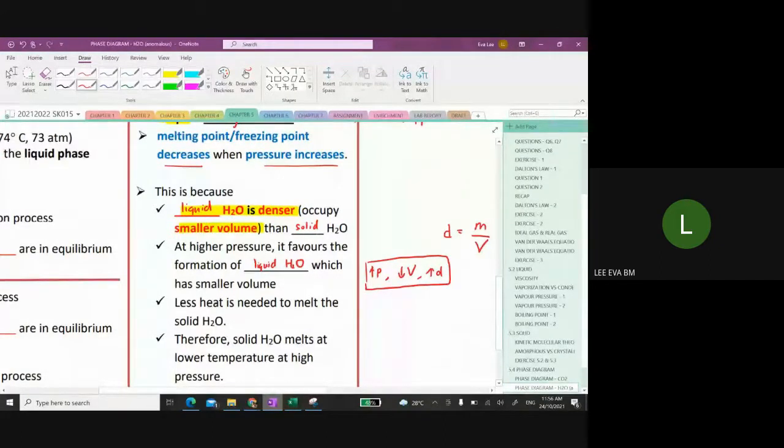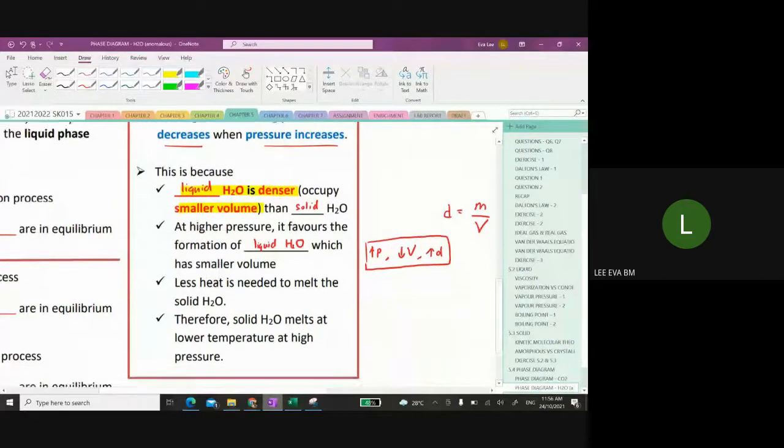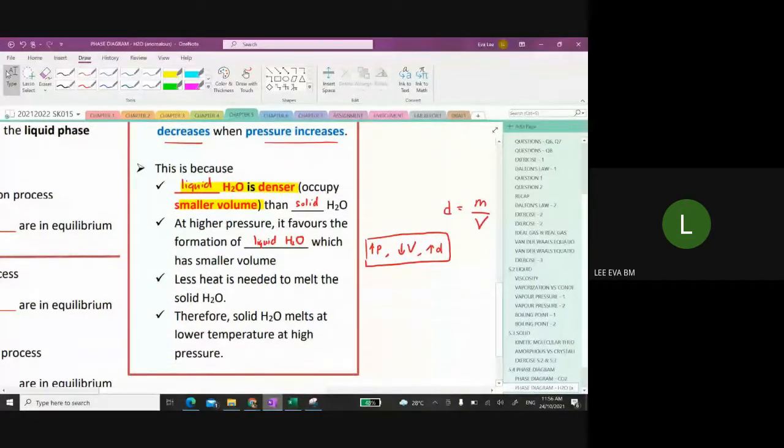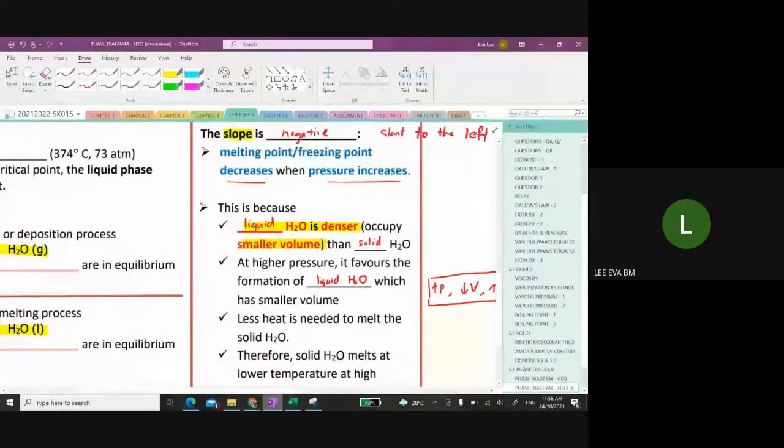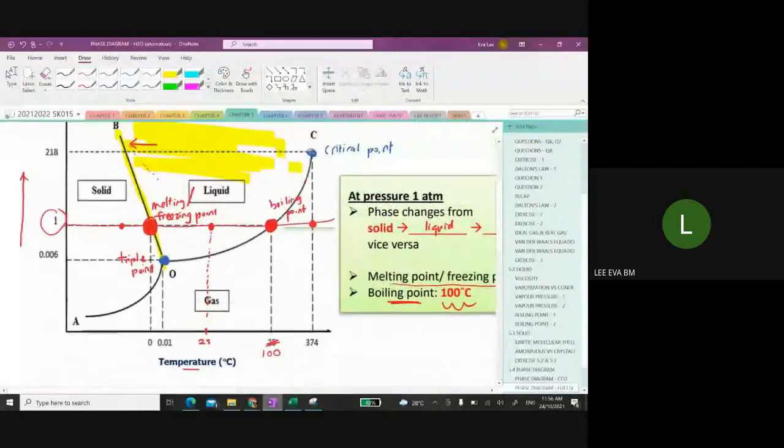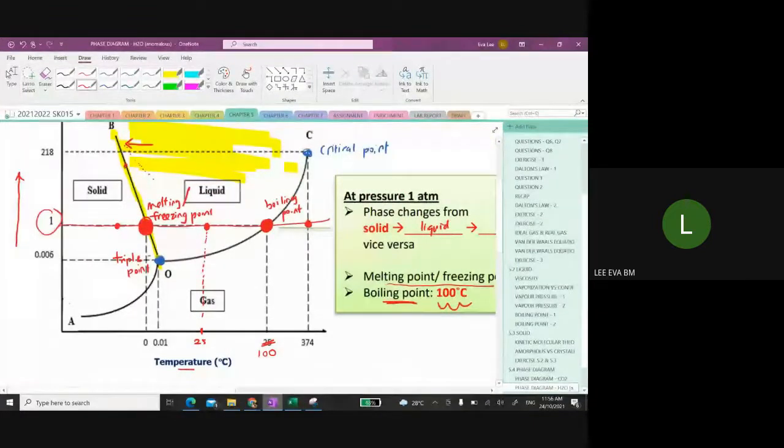So less heat is needed to melt the solid H2O, and we can also say ice will melt at a lower temperature at high pressure. Because of this negative slope, if you increase the pressure, you will get a smaller melting point.